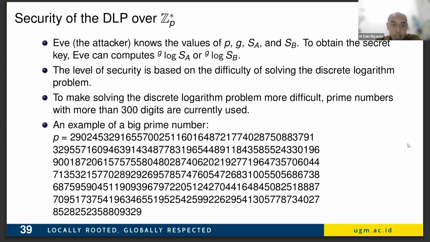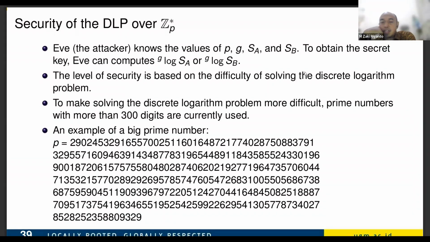Now we will discuss the security of the discrete logarithm problem of Z_p star. The attacker knows the value of the prime number P, the primitive root modulo P, that is G, the value of SA, Alice's shared value, and SB, Bob's shared value.